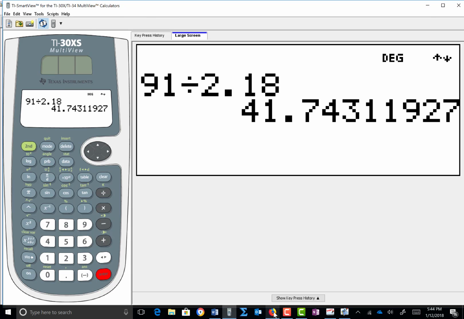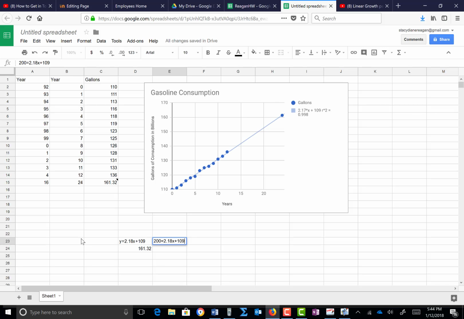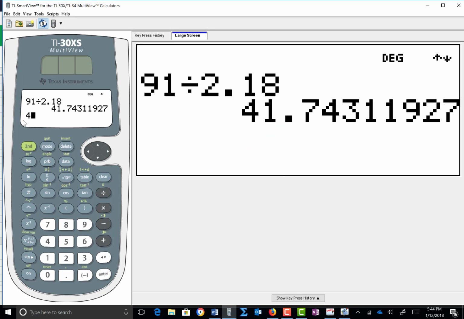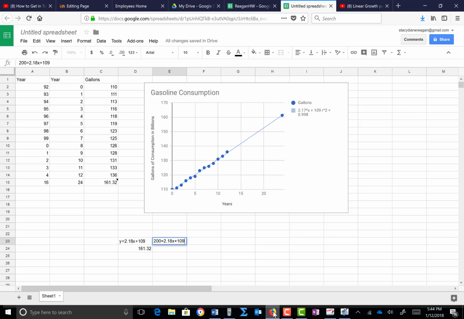So if I go back to my data and I look at it, and I say, okay, year 42 is way down here. In order to get to 42, 42 minus my 24 would be how many more years? So 42 minus my 24 would be 18 more years.